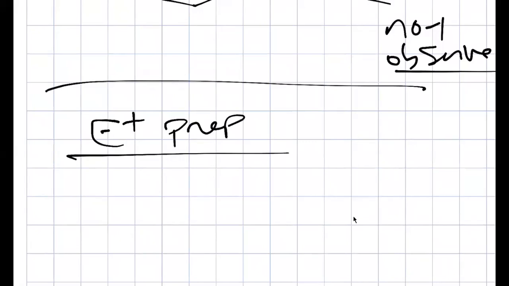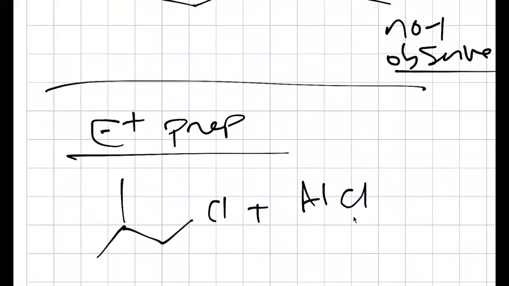That's going to be your alkyl halide plus aluminum trichloride. That's going to form a complex. With the methyl example we did earlier, that probably would not result in a removal of the chlorine. But in most cases, once you form that complex, you actually generate a carbocation.